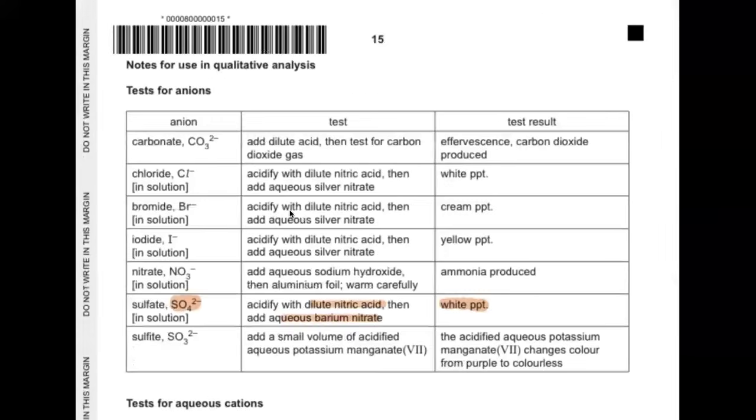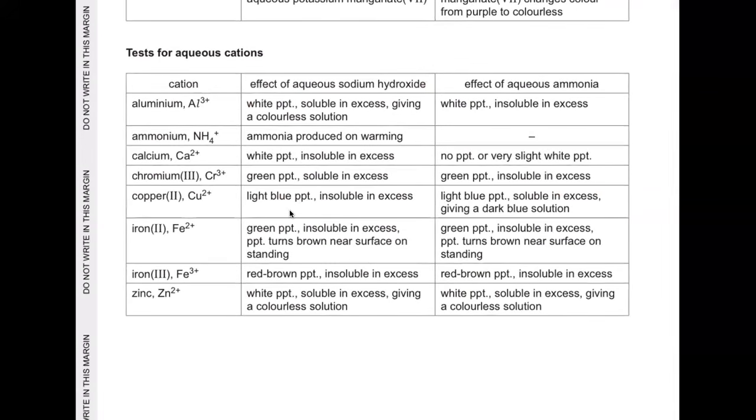If you don't remember this, again, you can take the help over here. We are adding aqueous sodium hydroxide: white precipitate, white precipitate, white precipitate. Soluble in excess, giving a colorless solution. So we don't get the insoluble one, we get the soluble one. So we have excluded calcium and concluded that we have either aluminium or zinc. Then we added aqueous ammonia in another test tube.